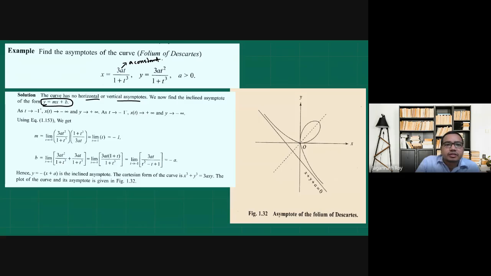Okay, if you divide by t squared or t cubed, then if you divide by t, the left hand side, as t tends to infinity, becomes 0. Here it is also tending to 0. A is a constant. So we'll write the function as inclined.